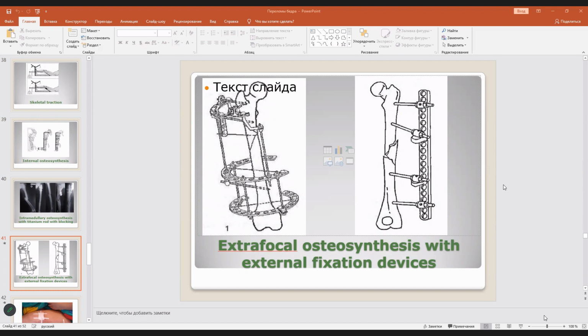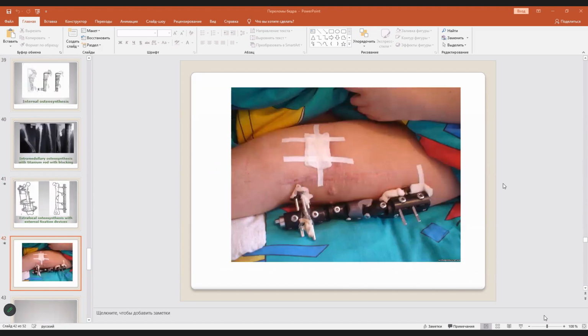Combination osteosynthesis: screw or shunt and weld. For example, picture, osteosynthesis, external osteosynthesis.